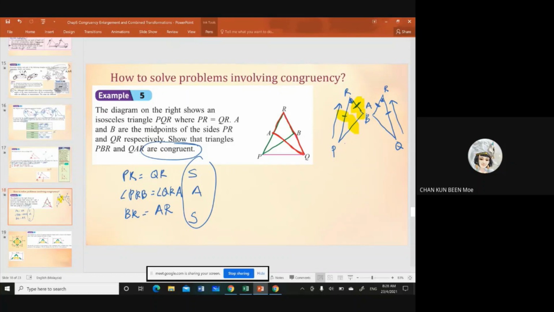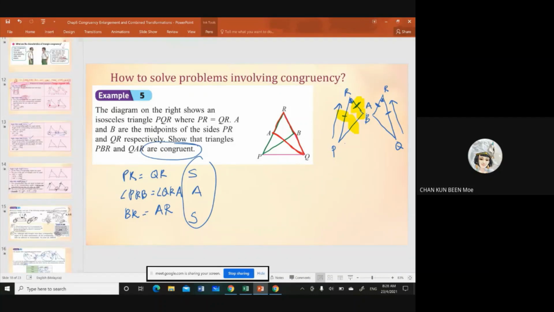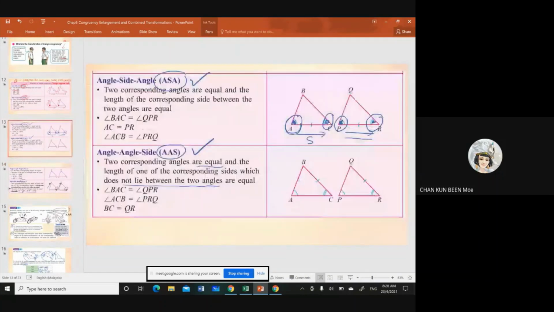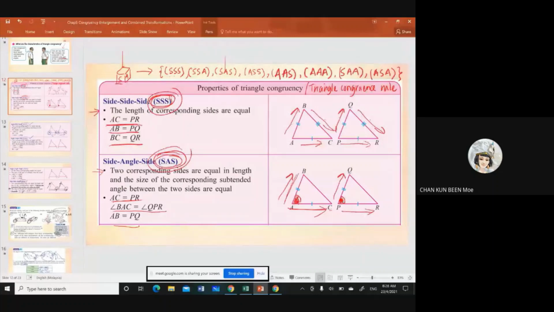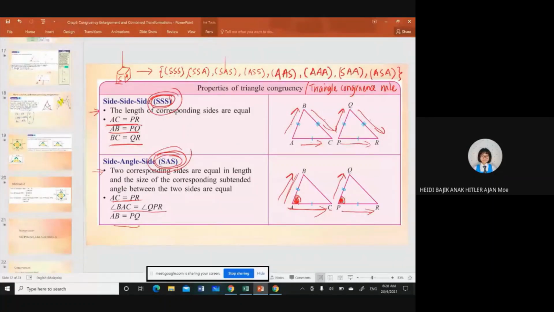Or you can use angle, angle, angle. But when it comes to the angle, you have to make sure the area is the same. So when you look from here, the area is actually the same already. So angle, angle can also be applied. Okay, so it's up to you which one you want to use out of these 6. Okay, or not, class? Okay.